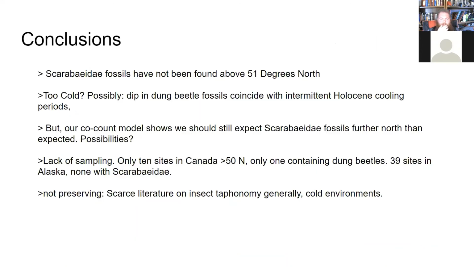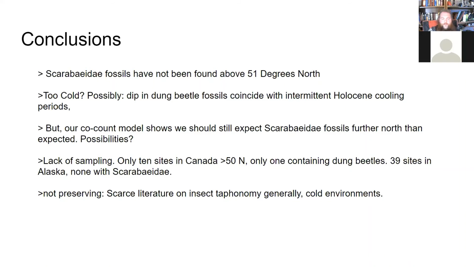So here's where we'll get back to our summary of the Scarabaeidae. So no scarab fossils have been found above 51 degrees north. And so what are the possibilities? So one possibility, probably the obvious one, is that it was too cold for them up that far north.